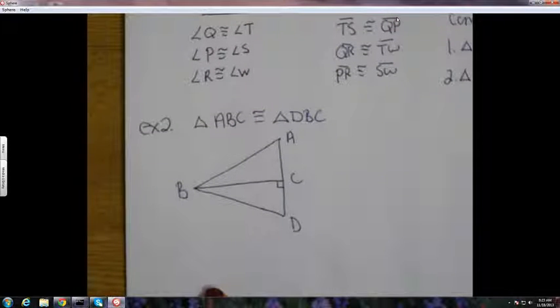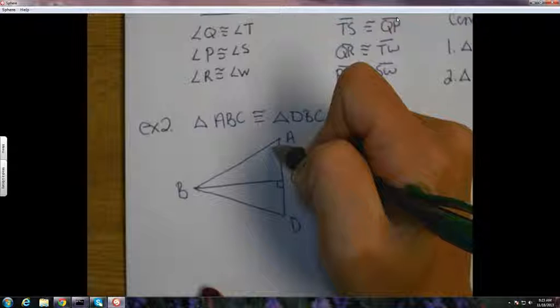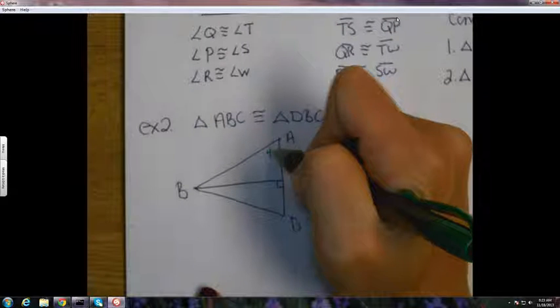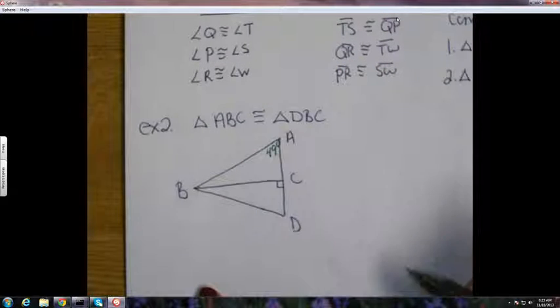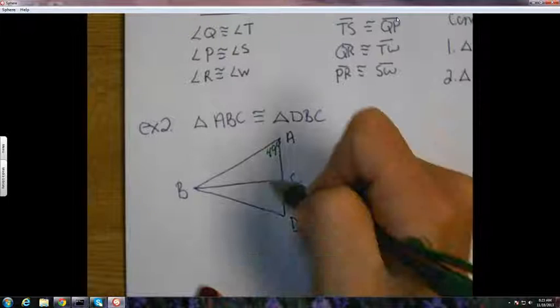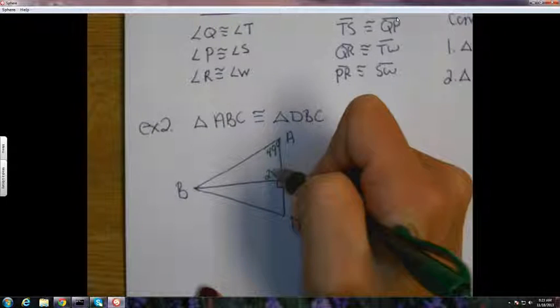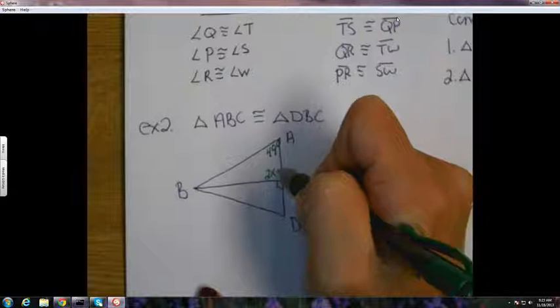I'm going to tell you that angle A is 49 degrees. This is 2x minus 16.